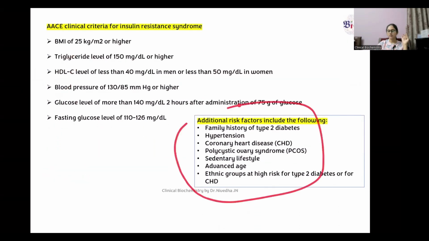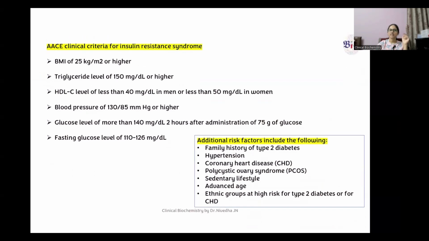Additional risk factors they look for are family history of type 2 diabetes mellitus, hypertension, coronary heart disease, polycystic ovary syndrome, sedentary lifestyle, advancing age, and ethnic groups at higher risk for type 2 diabetes and coronary heart disease. So this is about your AACE or ACE criteria.